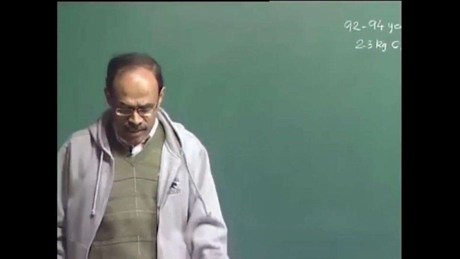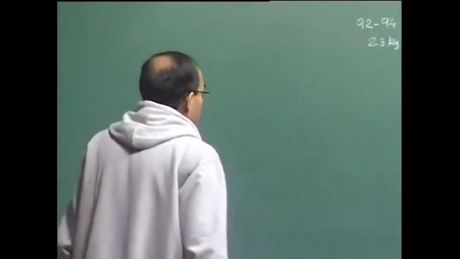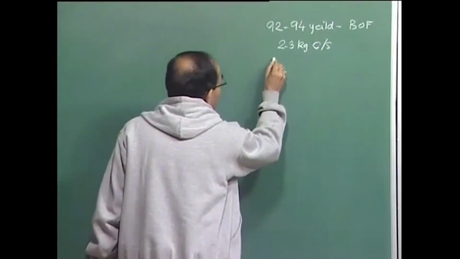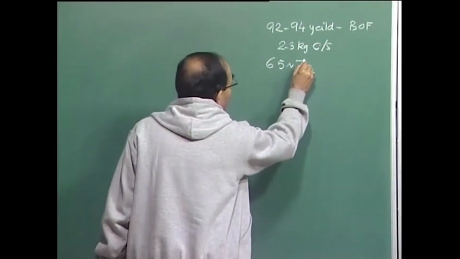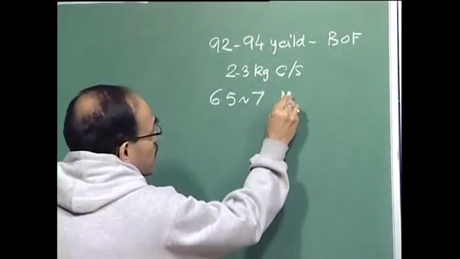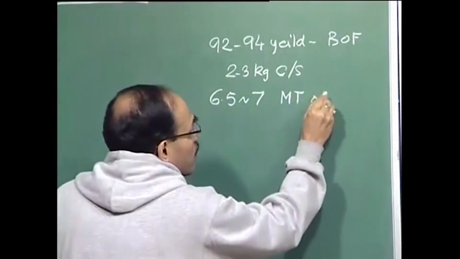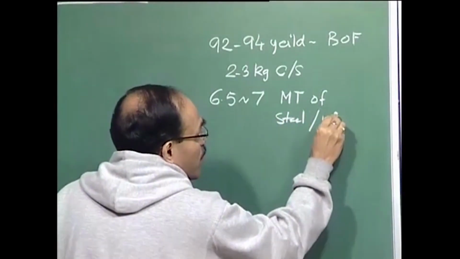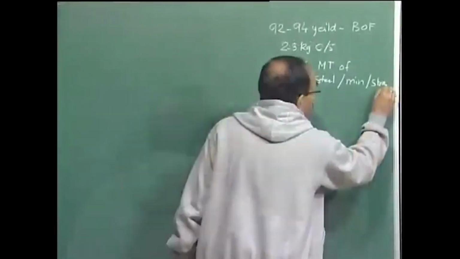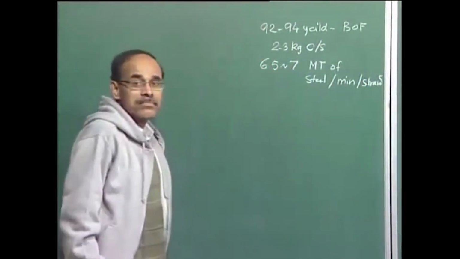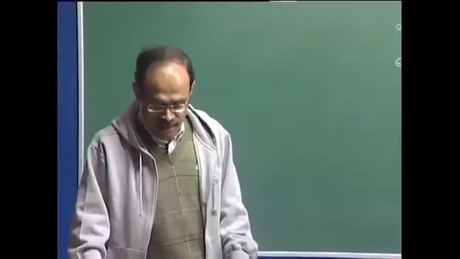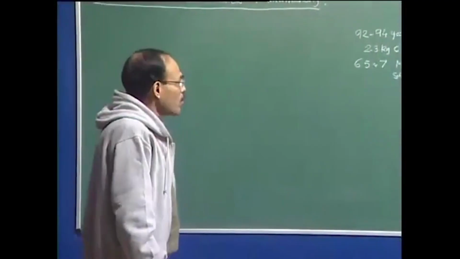If you visit the casting bay, for example, in a thin slab casting shop today, you will find that you are talking about 6.5 to about 7 metric tons of steel being produced per minute per strand. So, an enormously efficient process.